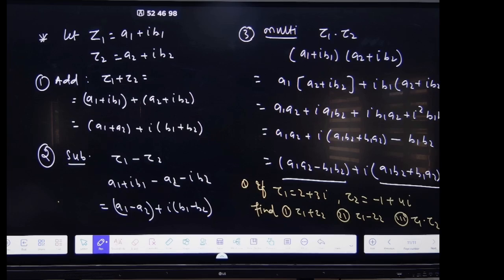Z1 plus Z2: 2 minus 1 plus iota times 3 plus 4, right? 1 plus 7 iota. Yes or no? Subtract it: 2 plus 1 is 3, minus iota. 3 minus iota. Are you getting it? Now multiply it. Very carefully you should multiply.